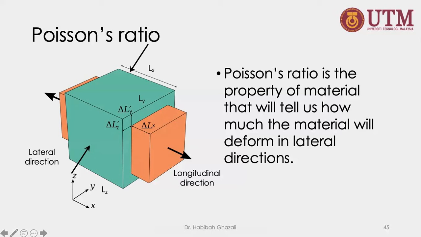What is Poisson ratio? Poisson ratio is the property of material that will tell us how much the material will deform in a different direction. We call it the lateral direction. When you elongate a specimen for the tensile test, basically we measure the elongation of the specimen.